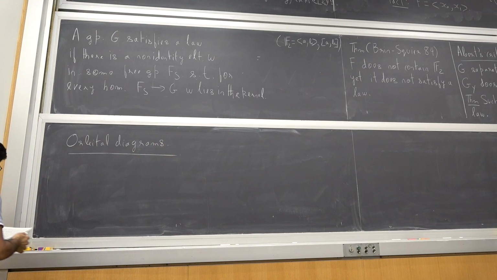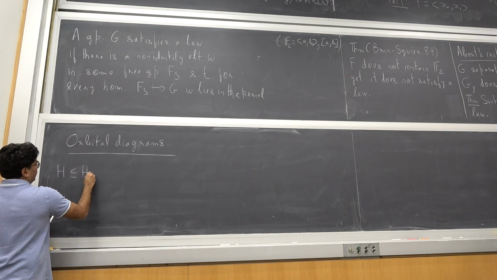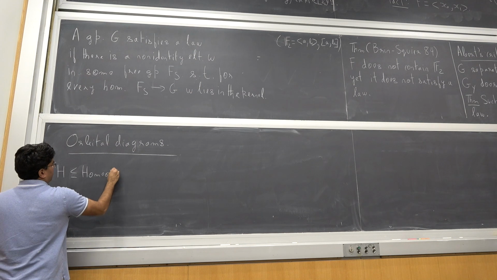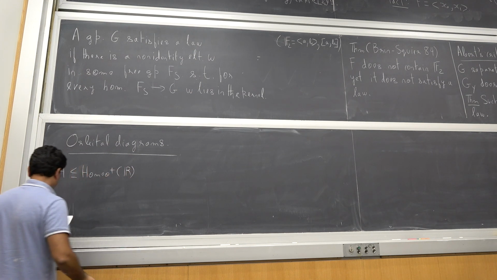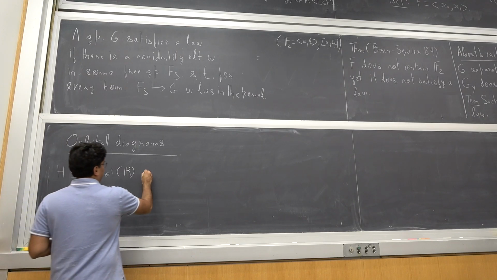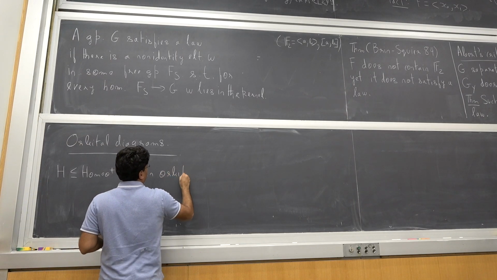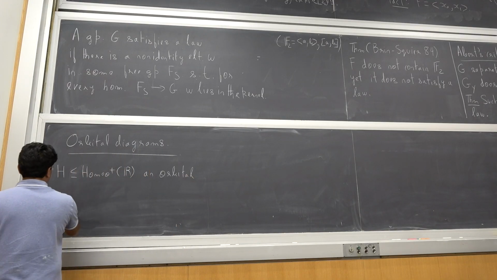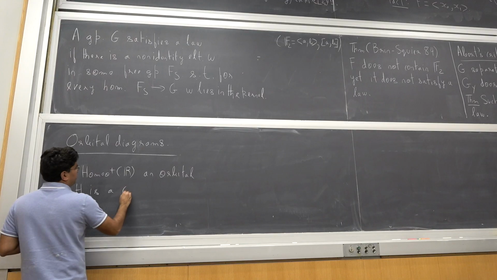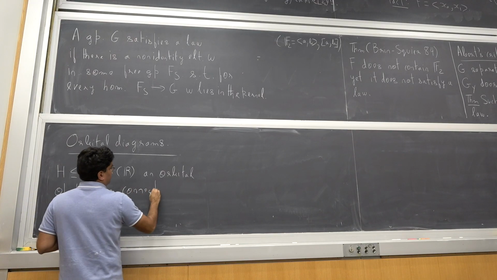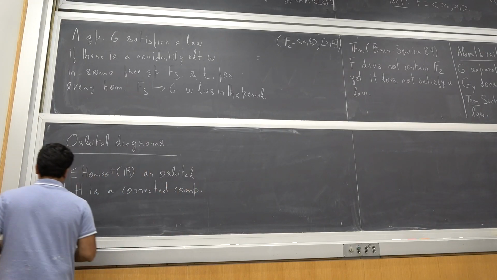So if H is a subgroup of the group of orientation preserving homeomorphisms of some one manifold, like let's say the real line, could be an interval, then an orbital of H is a connected component of the support of H.